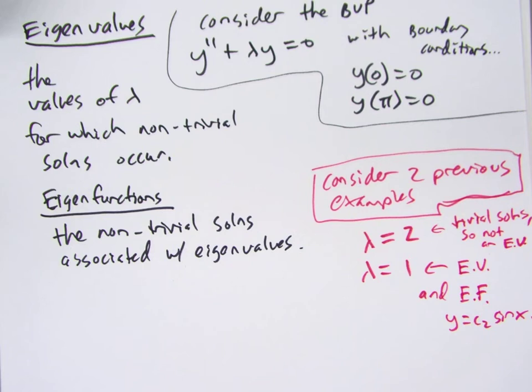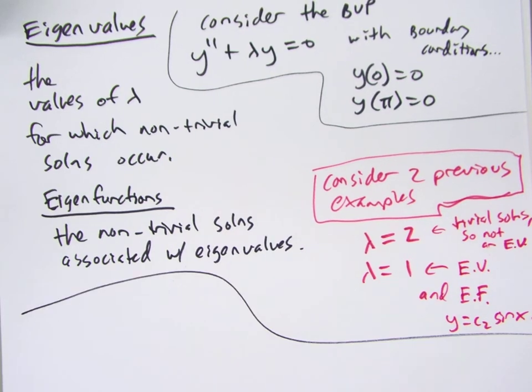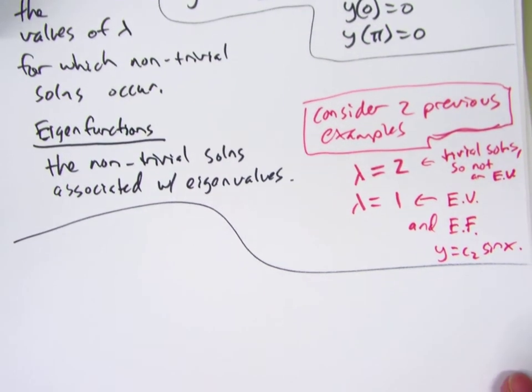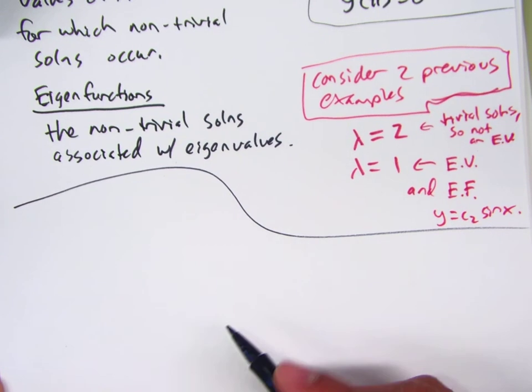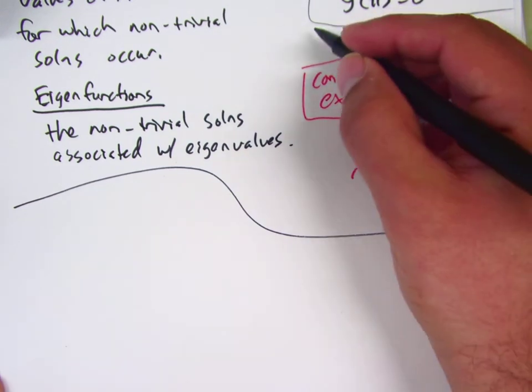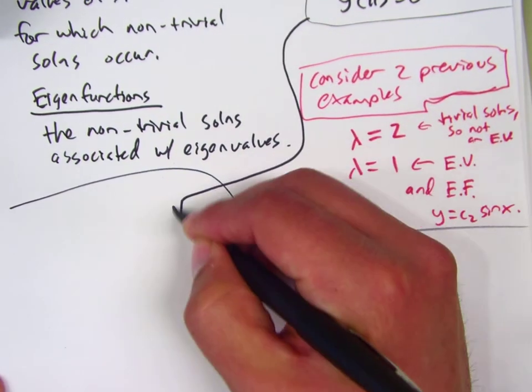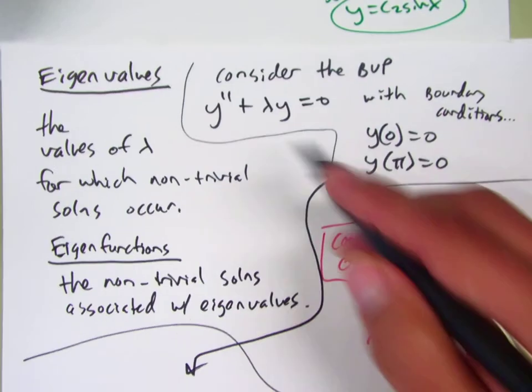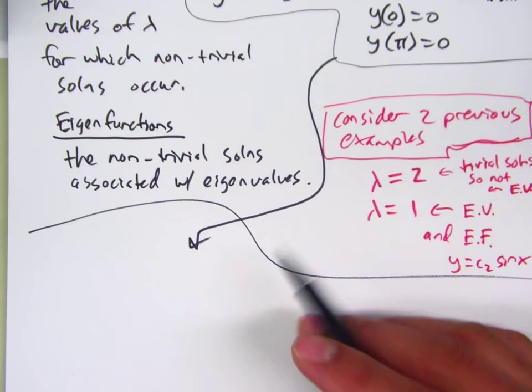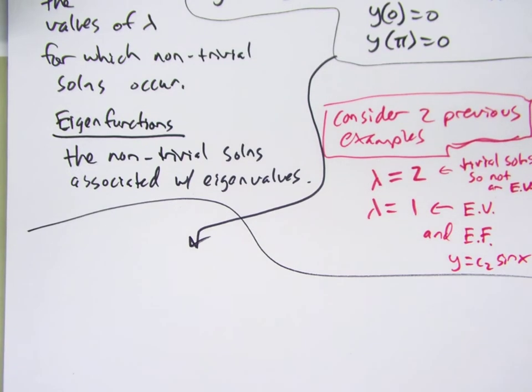So here we go. Let's get down to business. Same boundary value problem. Now let's explore how we can determine what the eigenvalues might be and what the solutions are going to look like.